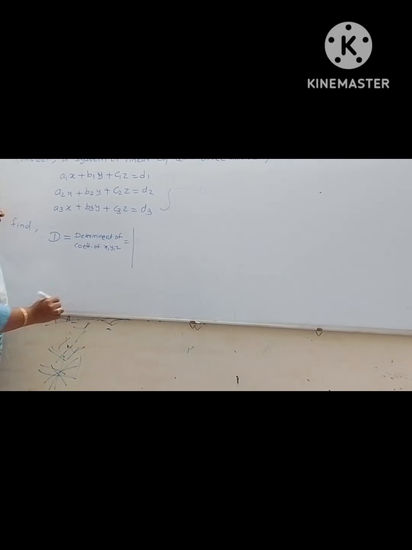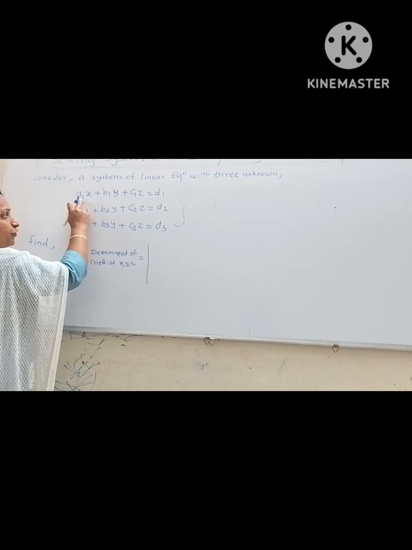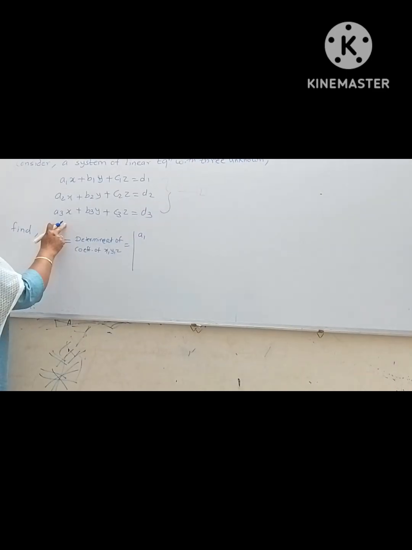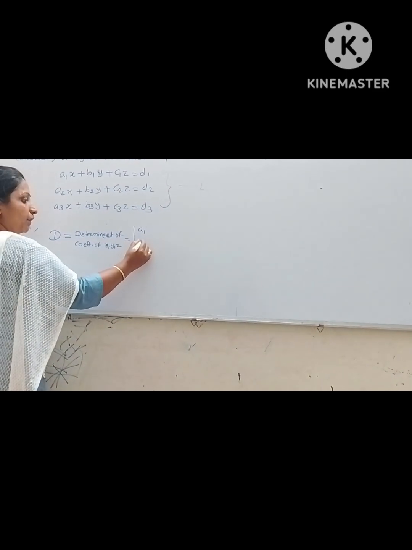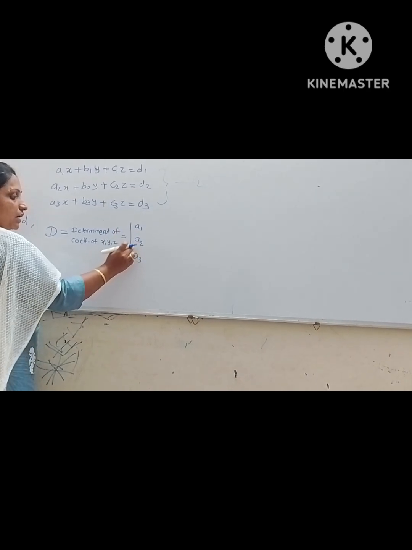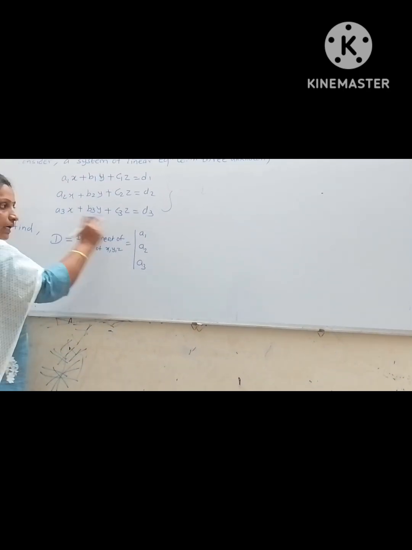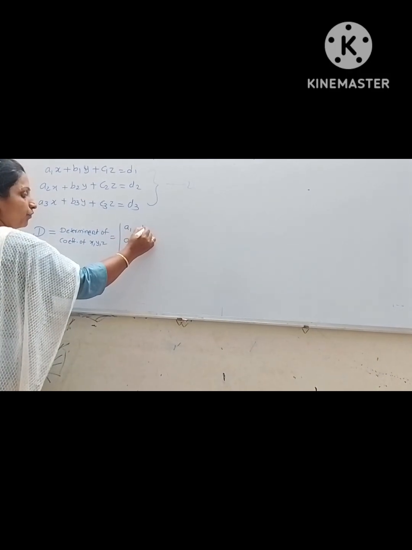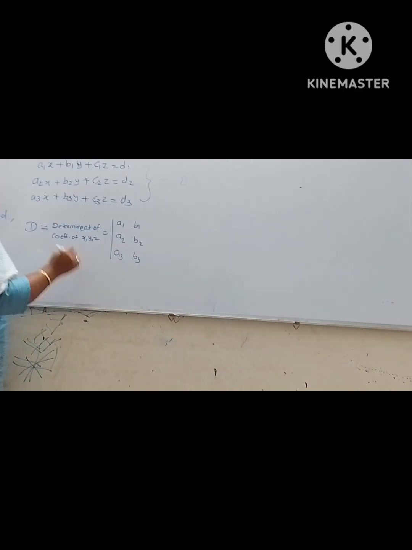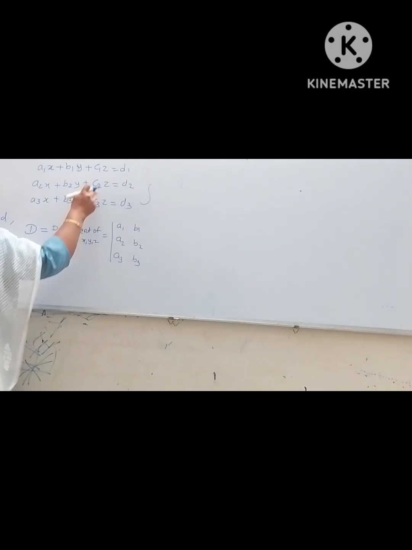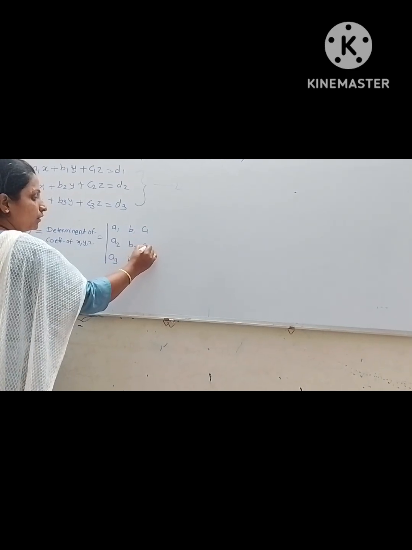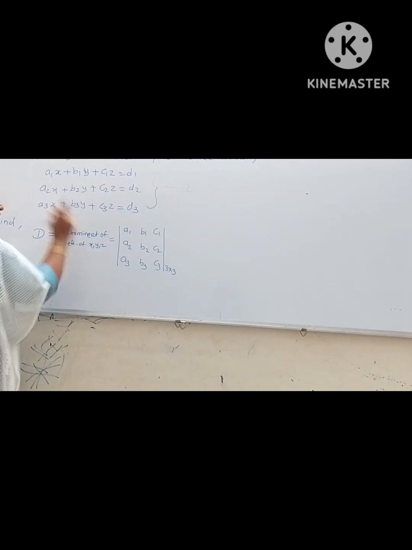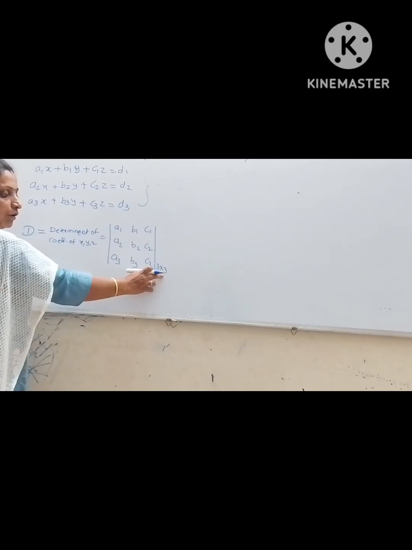The first column is the coefficients of x: a1, a2, a3. The second column is the coefficients of y: b1, b2, b3. The third column is the coefficients of z: c1, c2, c3. In this way, for the three equations we get determinant D of order 3 by 3.